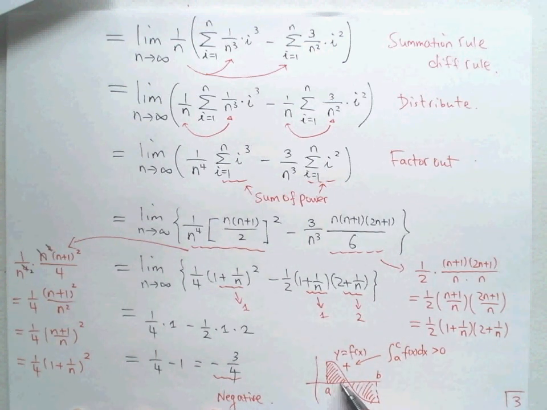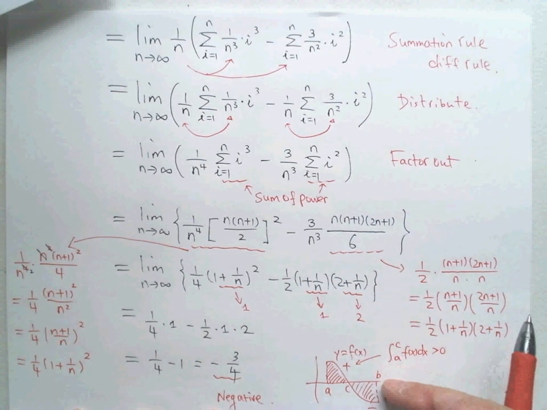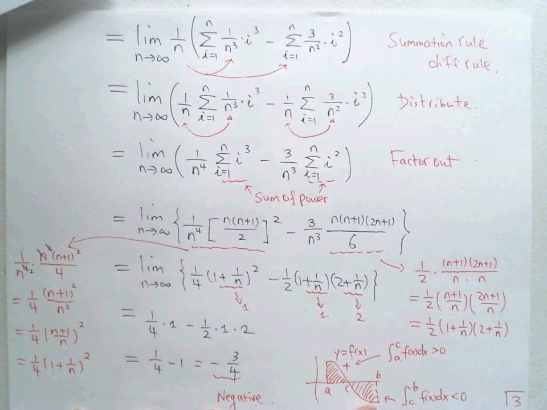Why is it greater than 0? Remember, when we're going to find the area, delta x is greater than 0, the function, the height is greater than 0, so everything is greater than 0, right? However, for here it is less than 0. Why? The second, we say from c to b, f(x) dx, this is always less than 0.